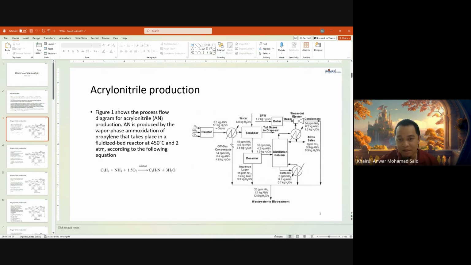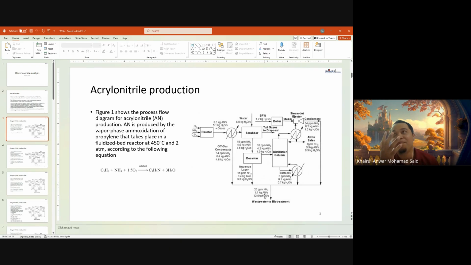So based on this, you see all of the off-gas condensate and bottom condensate, everything goes to the wastewater, which is not really economical.